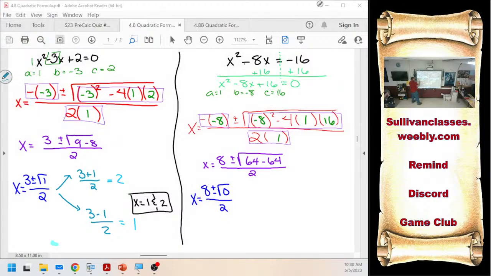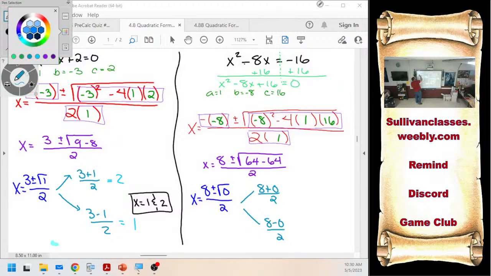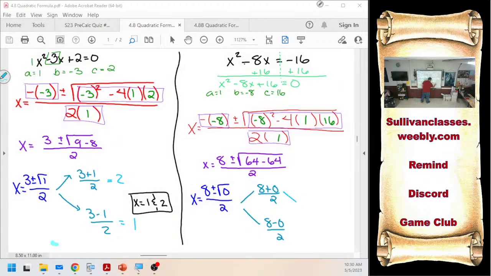Just 0. So whether I say 8 plus 0 or 8 minus 0, it's going to be just 8. And 8 divided by 2 is 4. So we get this weird instance of both of them having the same answer.